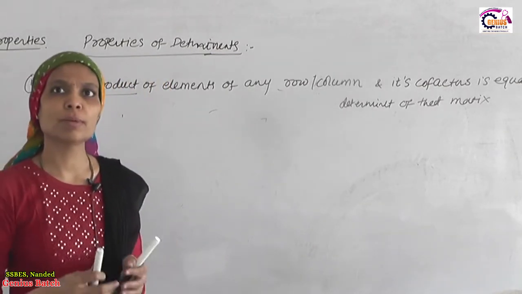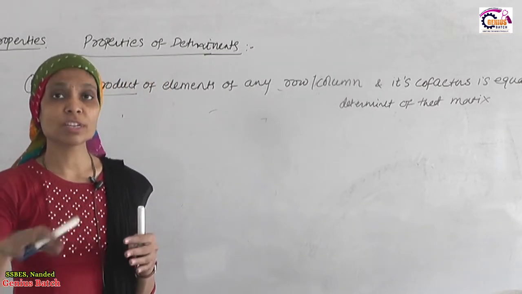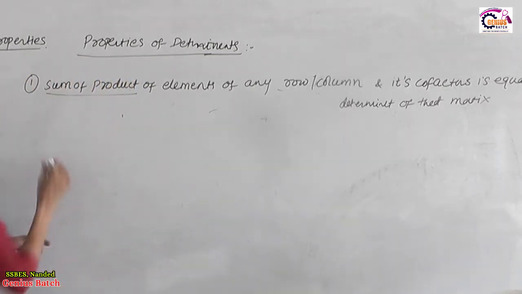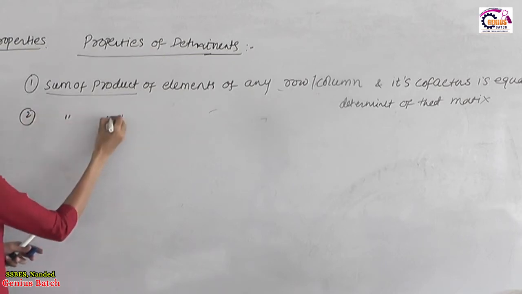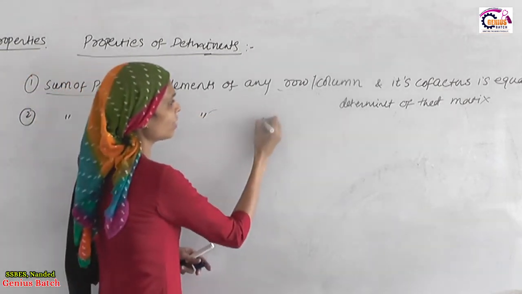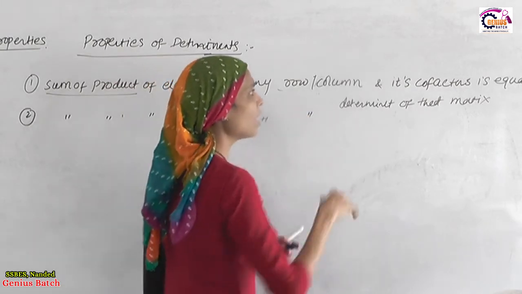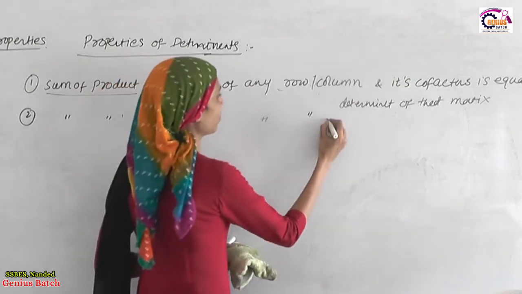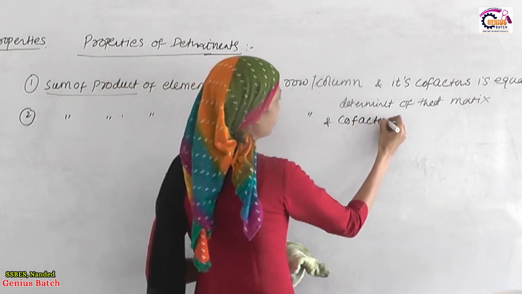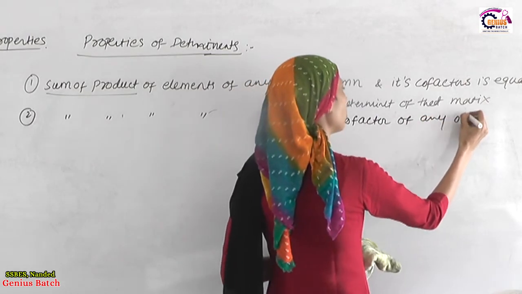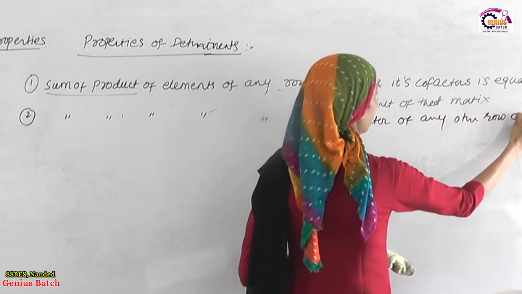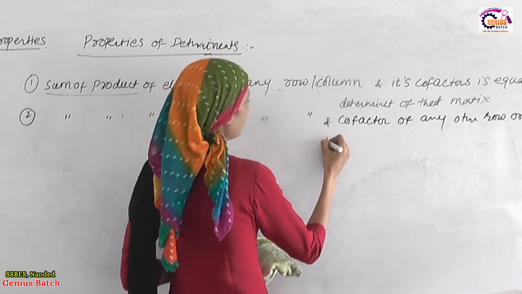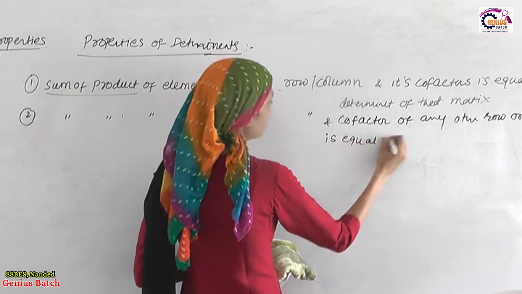elements of any row or column by the cofactors of any other row or column, the value of the determinant is 0. This is one more important property: the sum of product of elements of any row or column and cofactor of any other row or column is equal to 0.